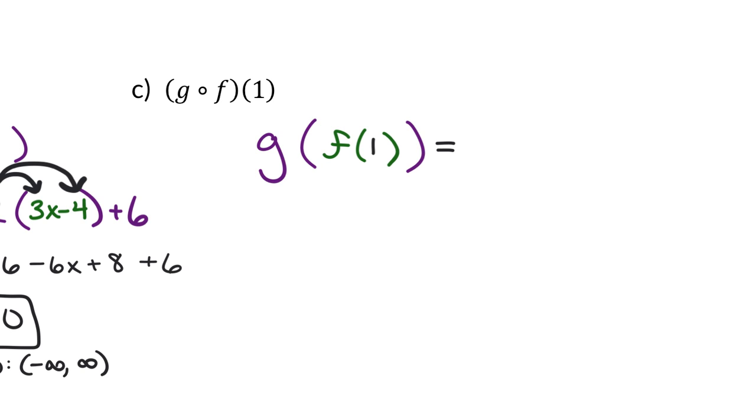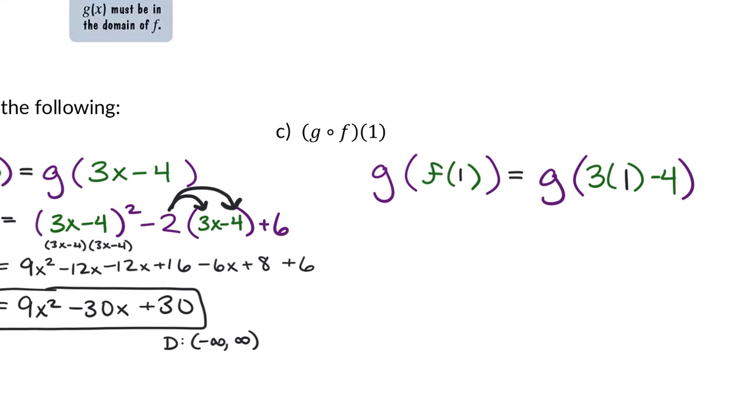Meaning I'm not plugging an x into the f function this time. I'm plugging in the number 1. So if we do this piece by piece, I want to take the f function and put a 1 in it, which means I'm going to write 3 times something minus 4. That something is the number 1.